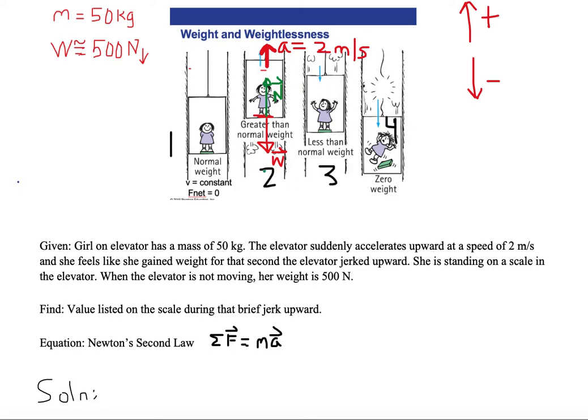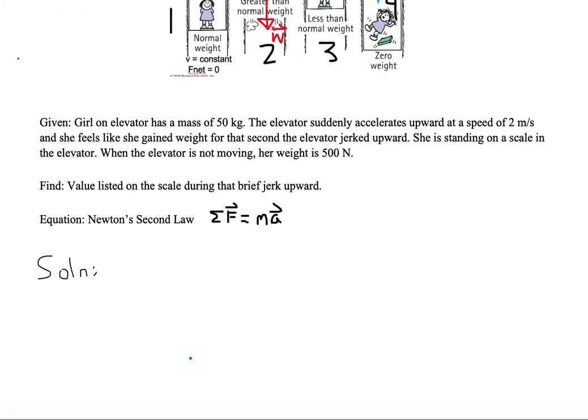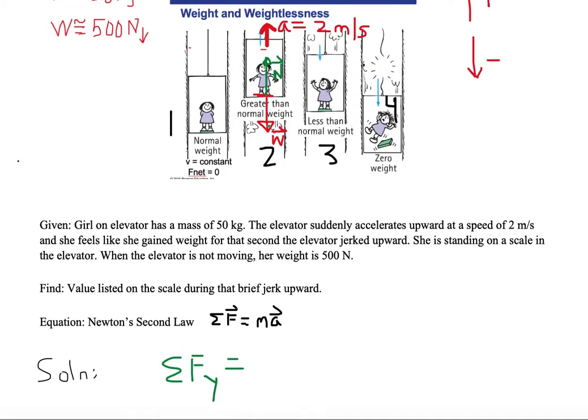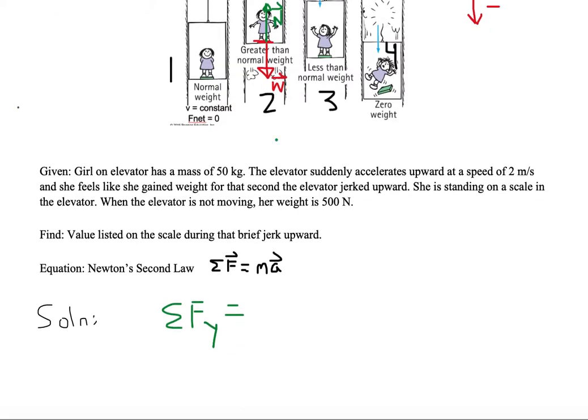Now we need to sum the forces in the y direction. Start with the up forces, and we have N going up, the normal force, and we have weight going down, so we subtract off the weight, and that's all we have.